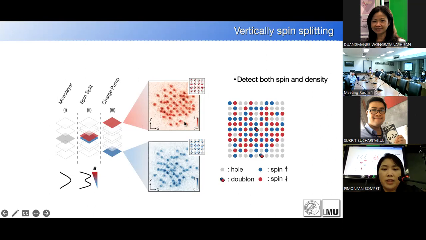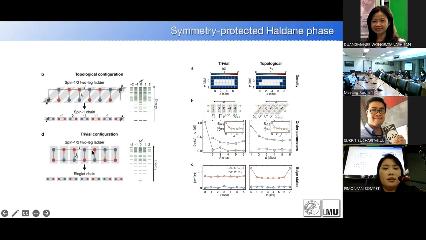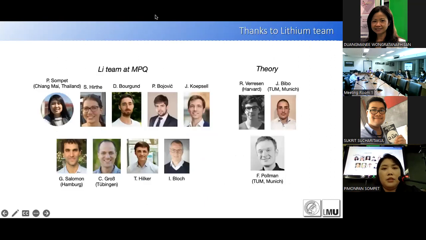How can we experimentally probe the spin state in both planes? Maybe I didn't state it clearly.